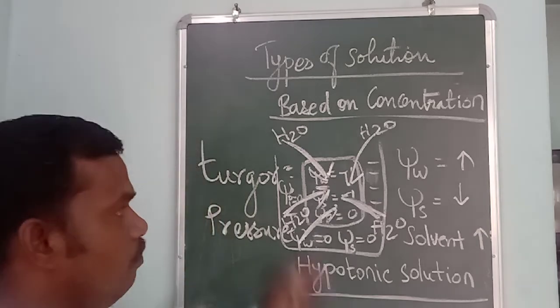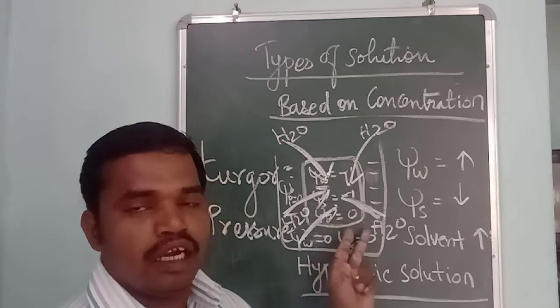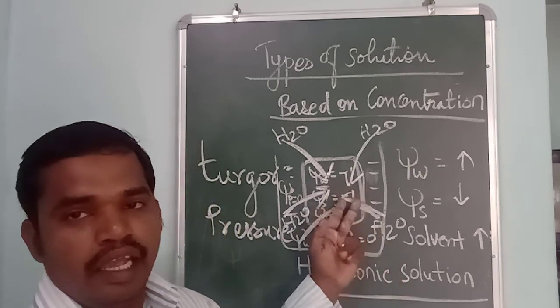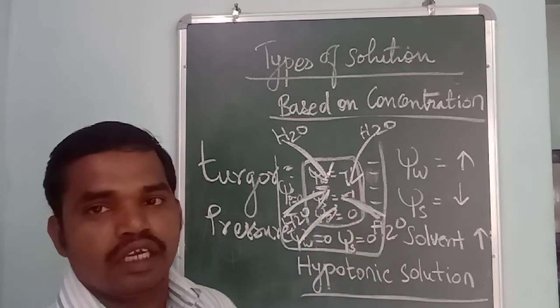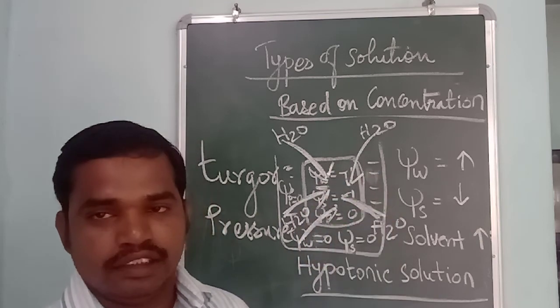When a cell is placed in a hypotonic solution or pure water, the cell bulges out, as water from the external solution diffuses into the cell, making the cell enlarge.